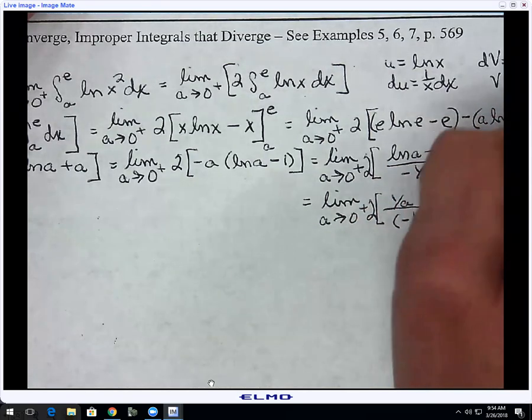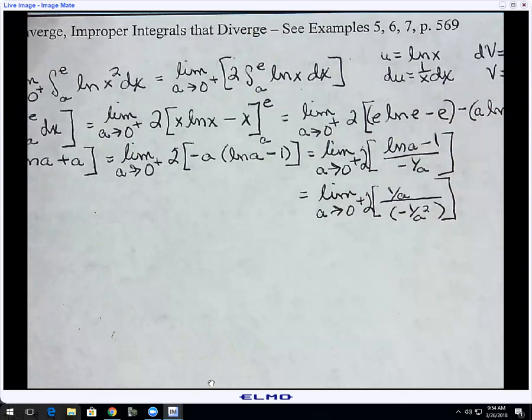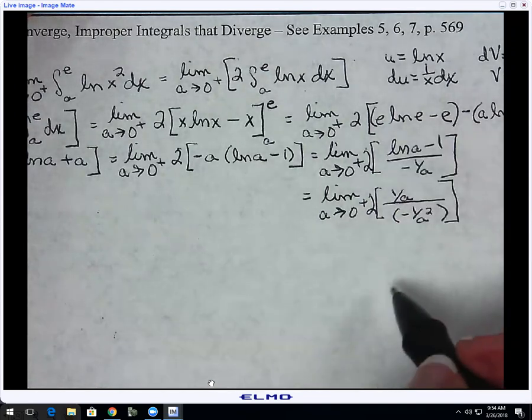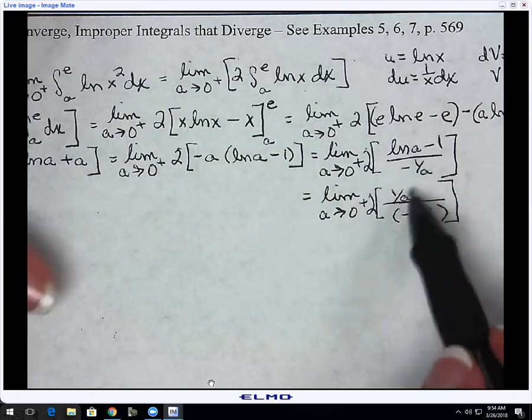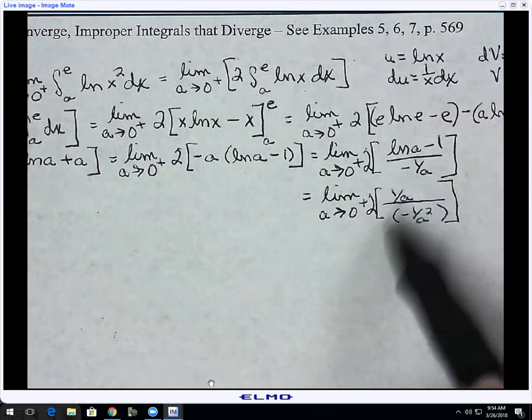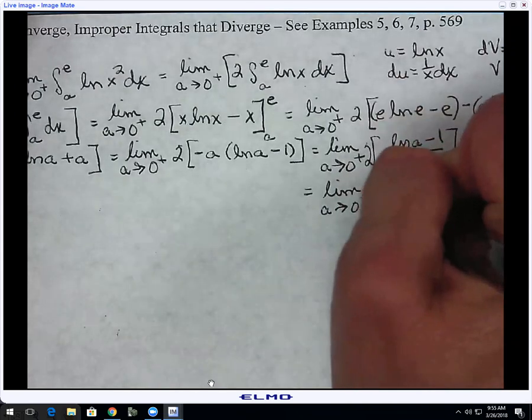It was negative here, so when we took the derivative, it would be positive.